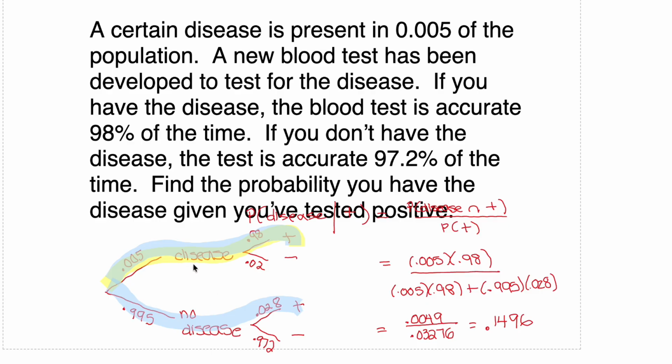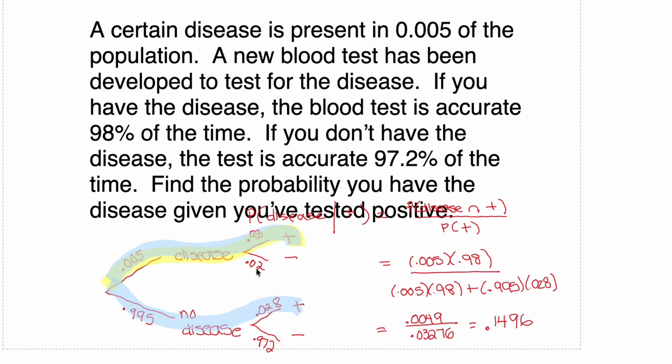From the people who have the disease, the blood test is accurate 98% of the time, so it will correctly identify positive 98% of the time, and will incorrectly identify as negative 0.02, or 2%, of the time.